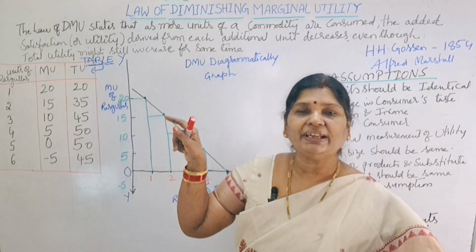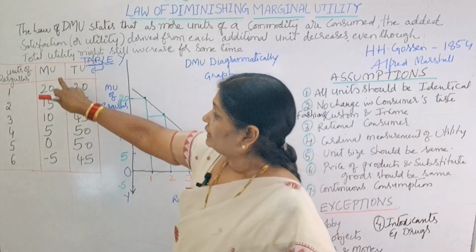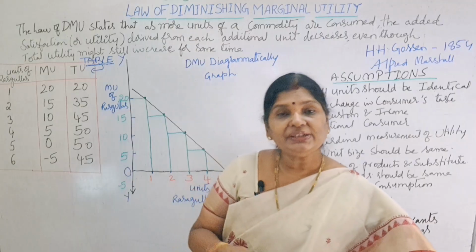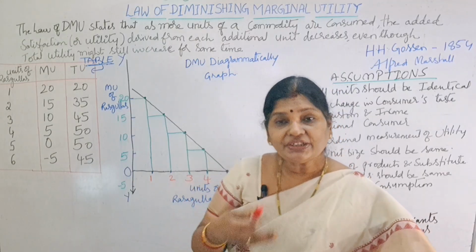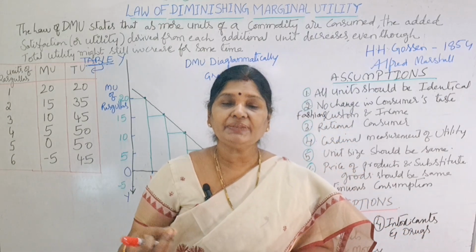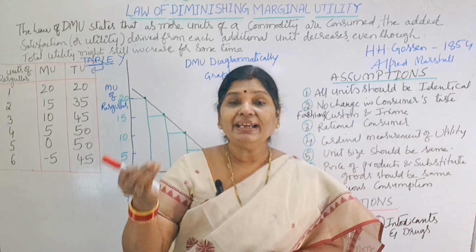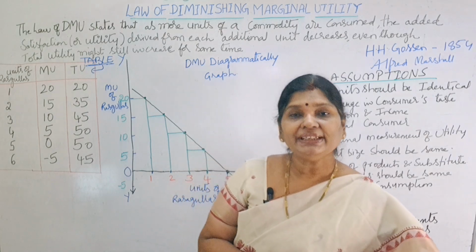That we will show as 1, 2, 3, 4, 5, 6, right? Next, what's the second column? Marginal utility. What is the meaning of marginal utility? It means how much satisfaction you are gaining after consuming each additional rasgulla. For every rasgulla, what is your added satisfaction? That is called marginal utility.